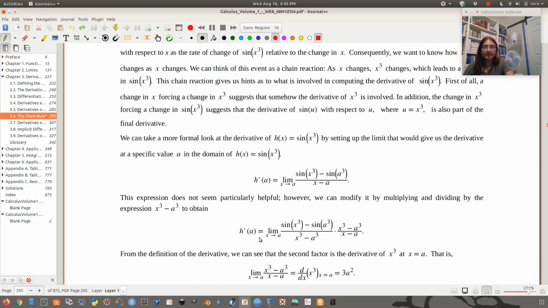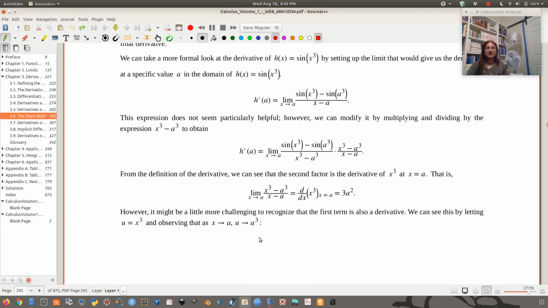And the way to motivate this, we are saying that the derivative of a function, the derivative of any function f, f prime of x, is given by the limit as h goes to 0 of f of x plus h minus f of x over h, right?